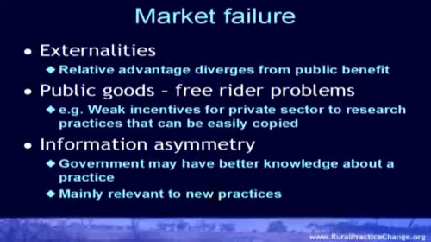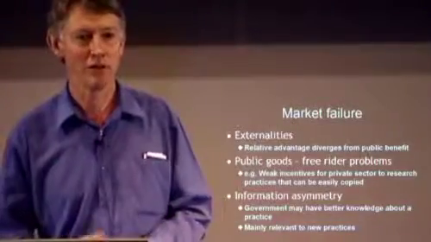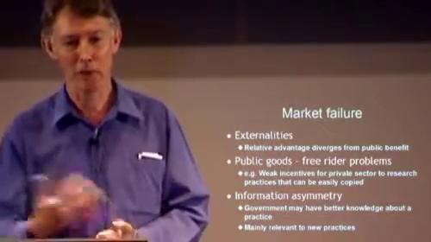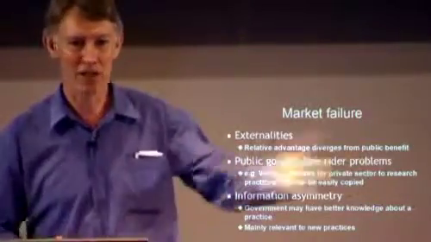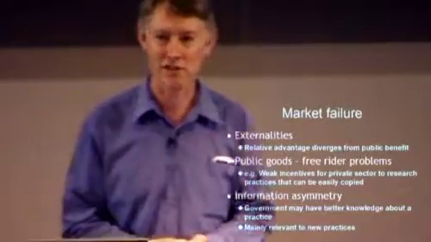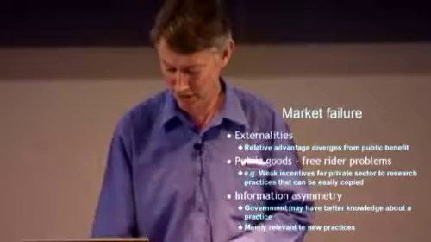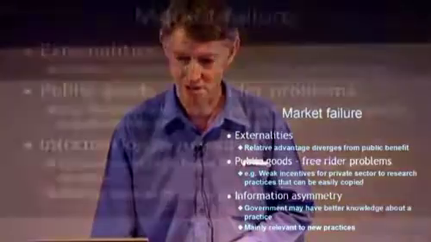Public goods, which lead to free rider problems. An example of that would be the weak incentives that the private sector has to invest in research practices that can be easily copied. If you're providing information to a farmer that is helpful to them, they might be willing to pay you for it, but the neighbours can just copy the results. And so the investor is not able to capture the benefits of their investment in research.